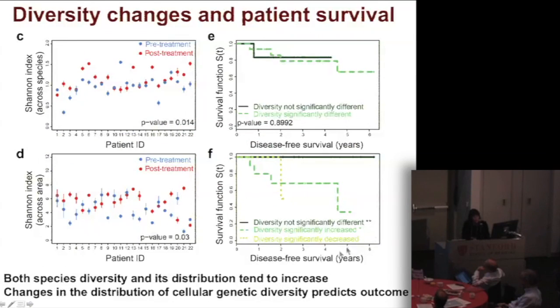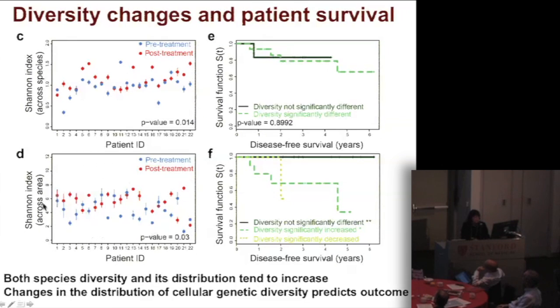Then we again calculated the Shannon index of diversity, 2 different ways. One of them is just looking across species, meaning is there a change in these 5 cell types that we classified before and after treatment? And in most cases, there is actually an increase in the diversity, meaning we're detecting more species after treatment than before treatment.